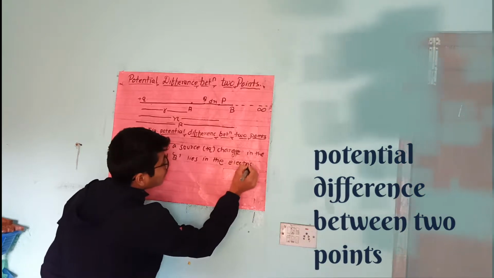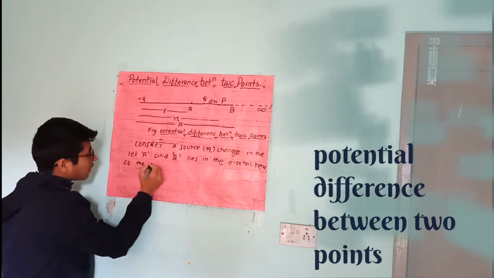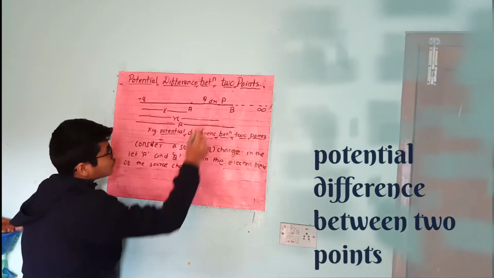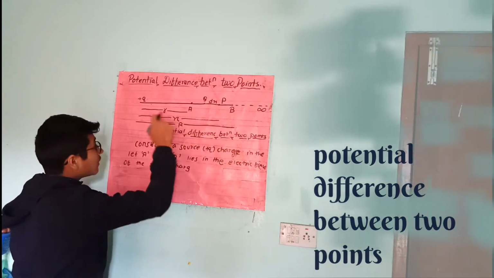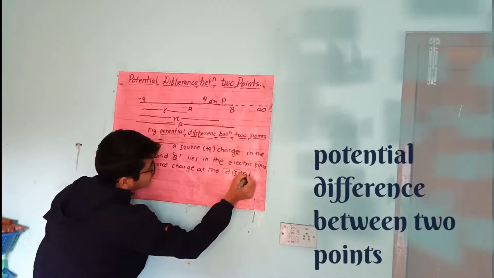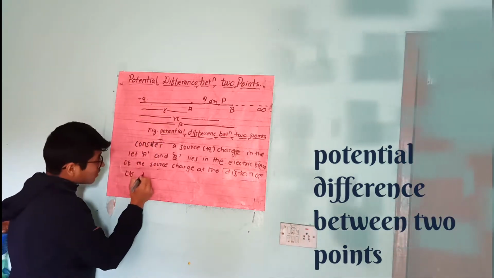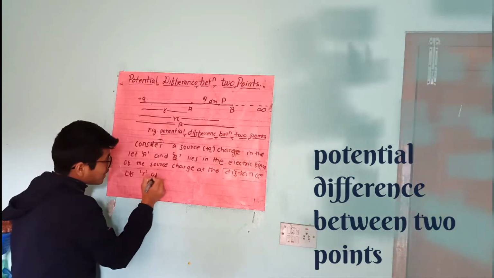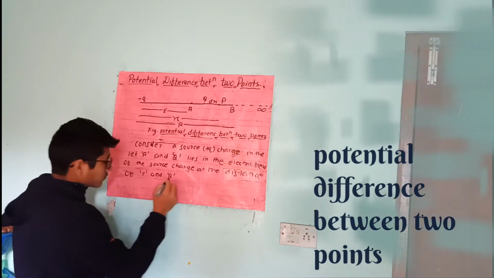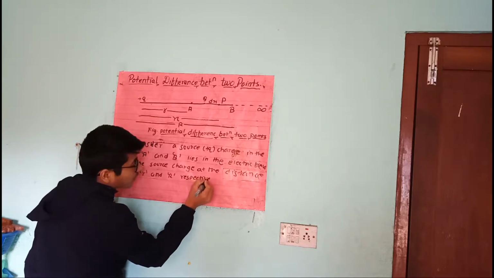These 2 points are kept at a distance. A is kept at a distance of small r from the source charge, whereas B is kept at a distance of capital R from the source charge respectively. Source charge means plus Q charge.